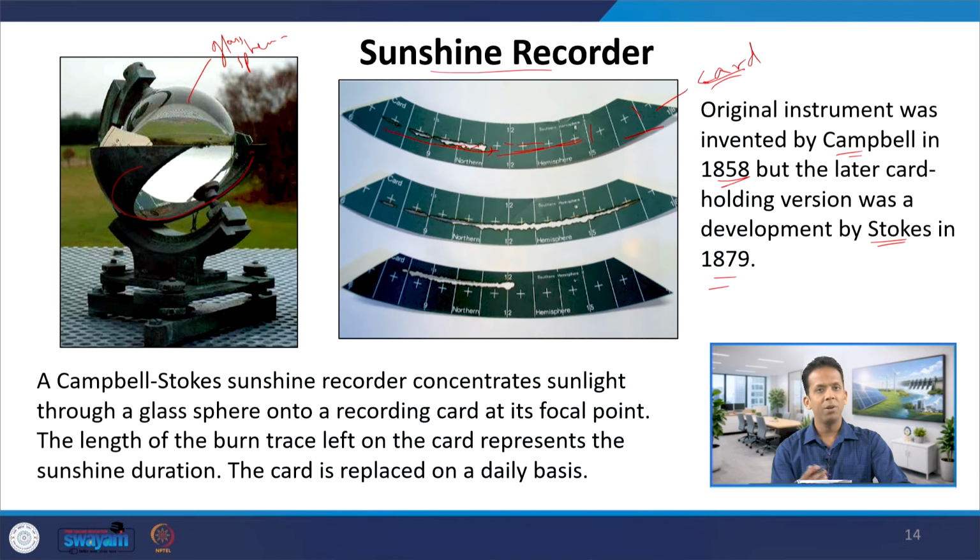So it was an approximate way, but still it got very famous, because it was developed almost 180 years back, and now it is being kept in museums as samples. But most of the measurements that we do in the present world are from pyranometer and pyrheliometer.